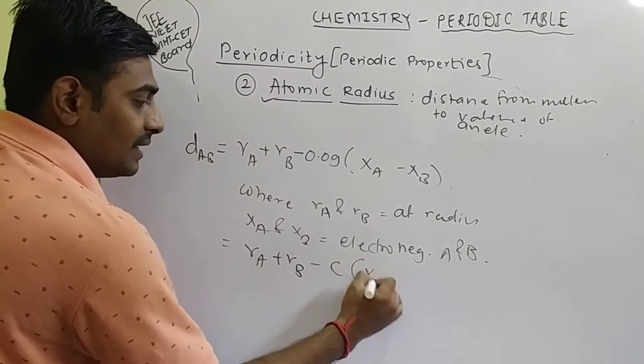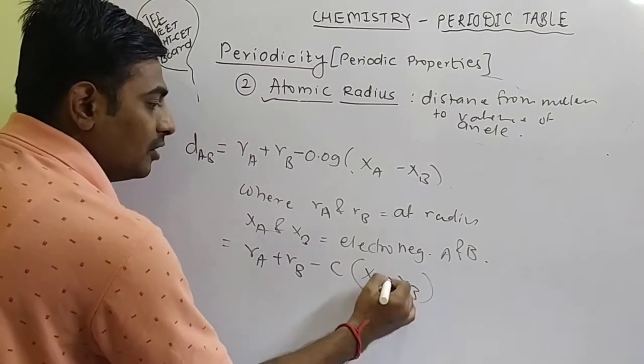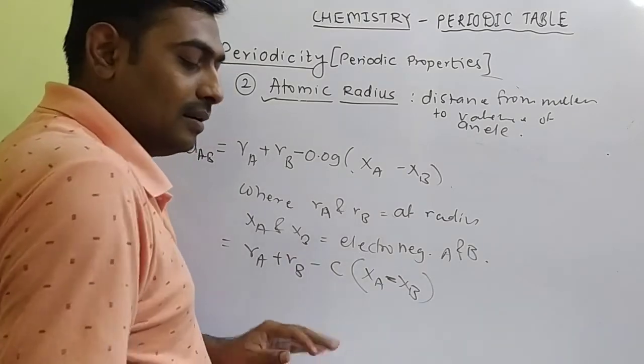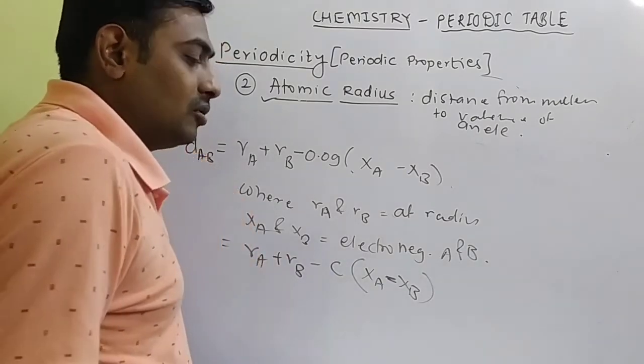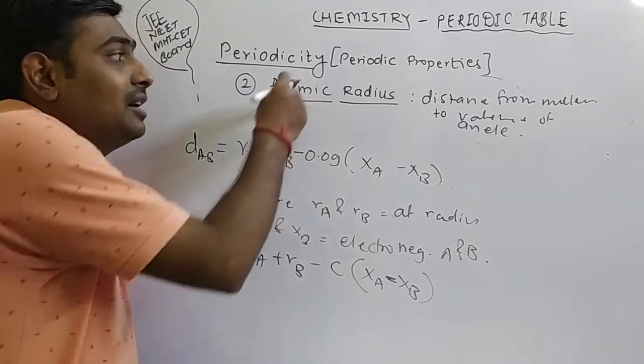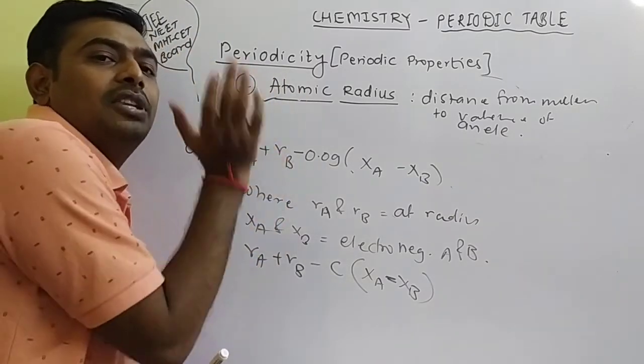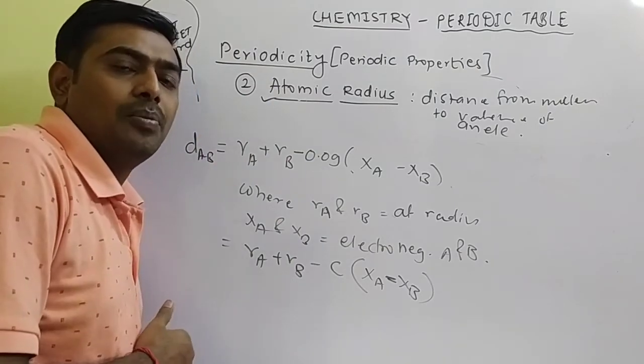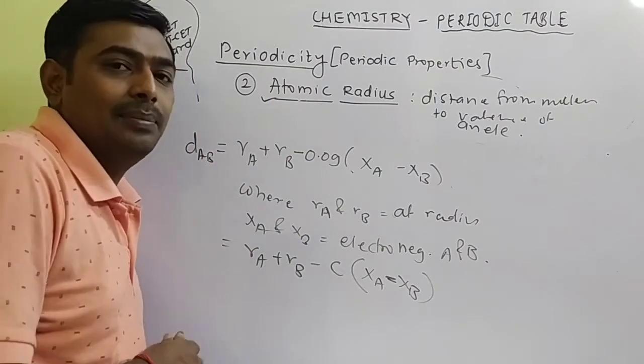We can say C times (XA minus XB). For second period elements, the value will be 0.08 in the periodic table. So by this we can find the atomic radius. What is the conclusion about this periodic property? Atomic radius increases top to bottom while it decreases left to right in the period.